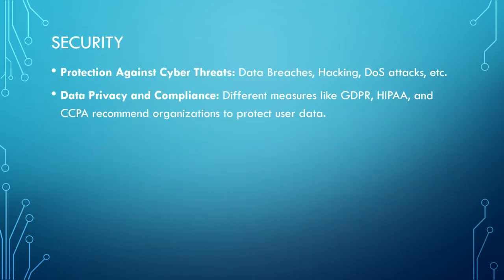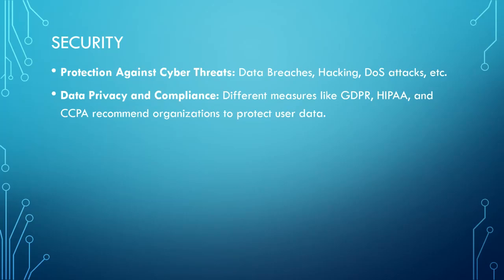Security. Security can be about data breaches, denial of service attacks, or data privacy. When we are designing systems for payments, banking or insurance, we should consider GDPR, General Data Protection Regulation, HIPAA, Health Insurance Portability and Accountability Act, or CCPA. These organizations recommend a process to be followed when building the systems.